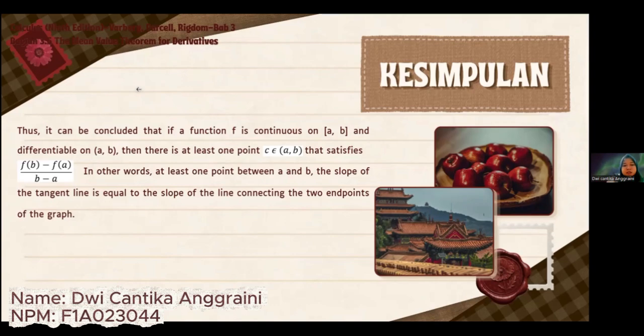In other words, at least one point between a and b, the slope of the tangent line is equal to the slope of the line connecting the two endpoints of the graph.